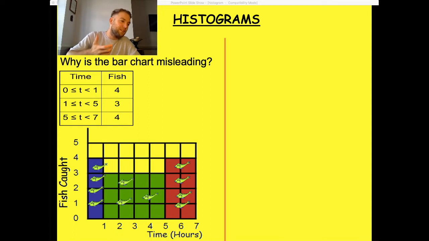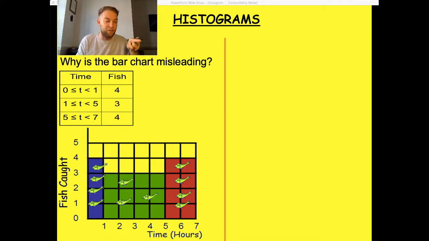The problem here is that second green bar, which is between 1 and 5. They've actually only caught 3 fish in that time. But because it's spread out over time, the area of that bar is the biggest, and it looks like the biggest part, doesn't it? However, only catching 3 fish over 4 hours isn't very good.